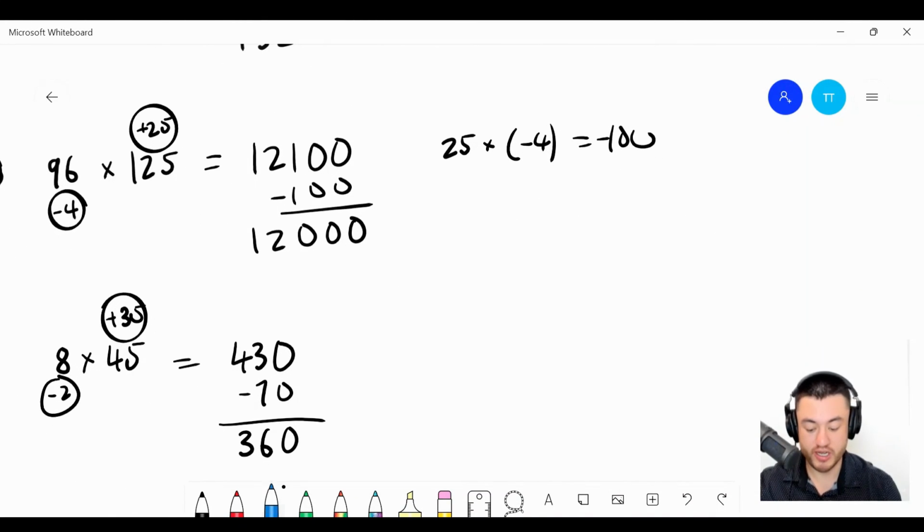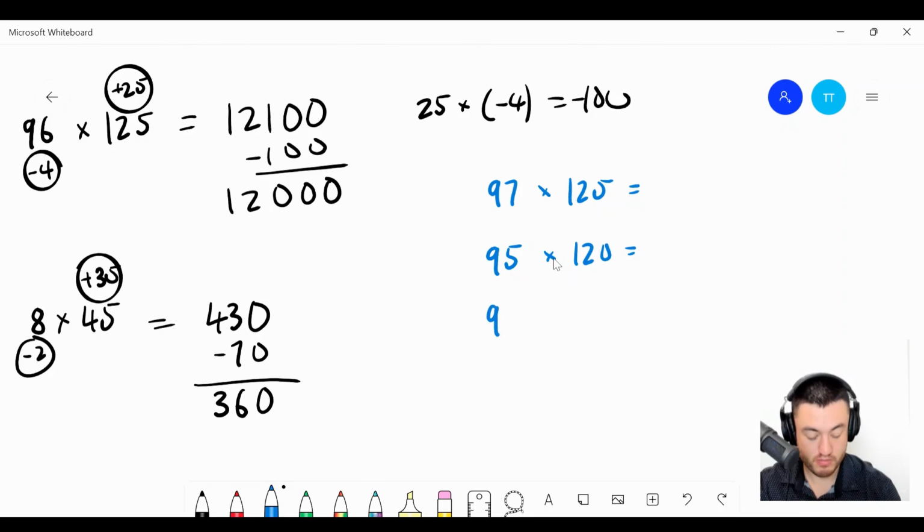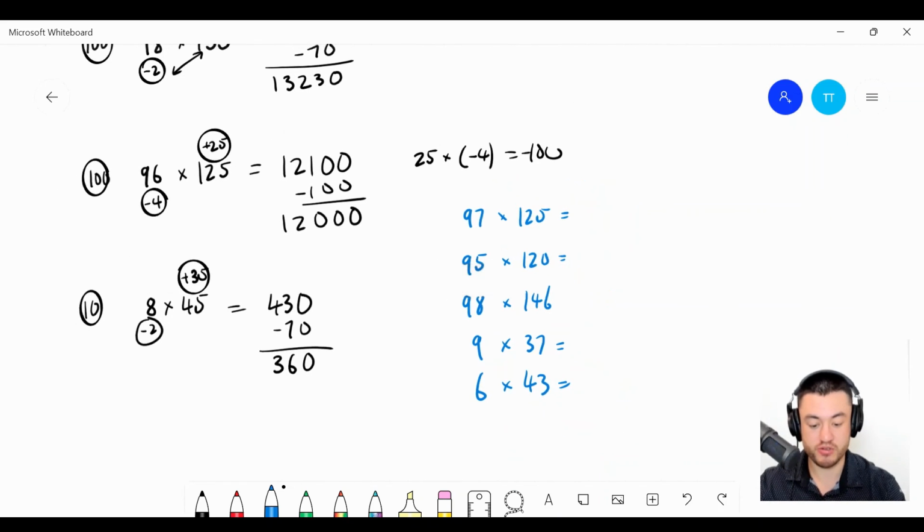So I'll write some examples for that you can actually have a go at, just so you can practice what you've learned today. All right, so there are 5 examples that you can try using this technique that we've talked about today.